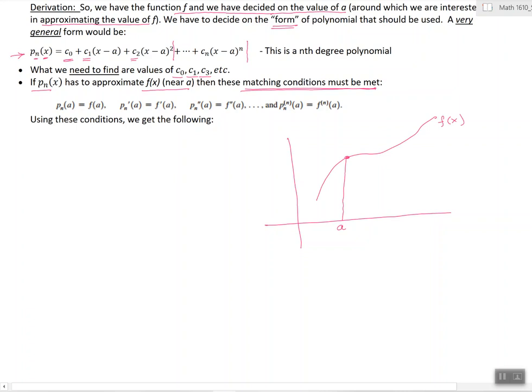If I were to draw a straight line, that means I want to approximate it with a straight line, then at least one thing must be that the value of the polynomial at this a should match up with that of the function. So you won't take a line like this. That won't make any sense.